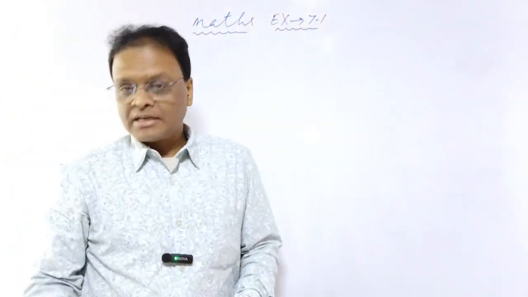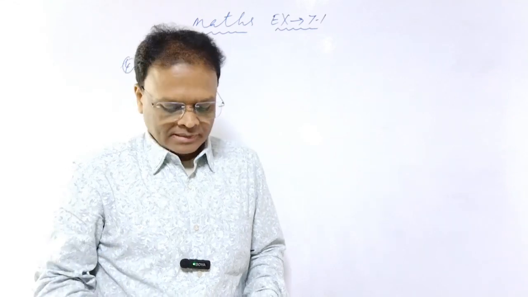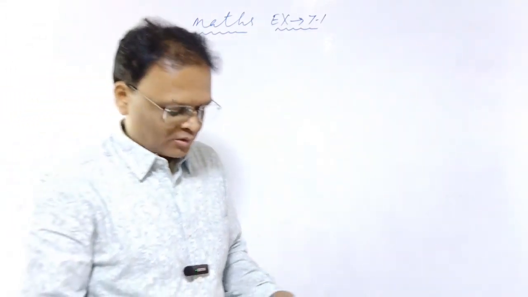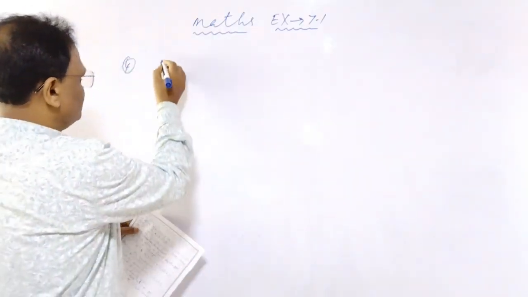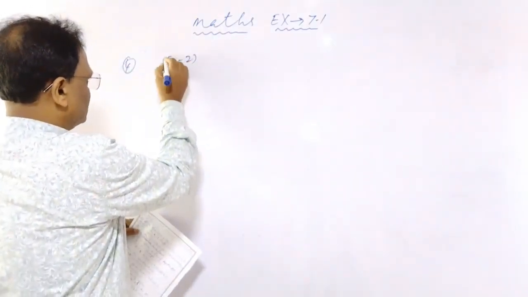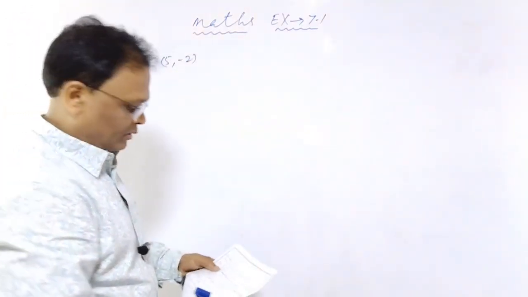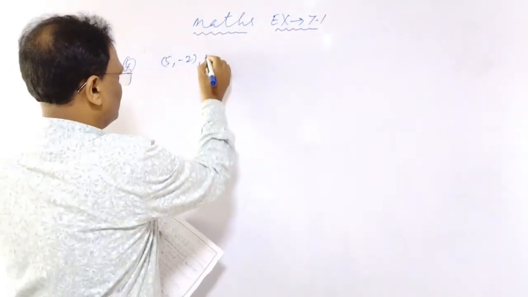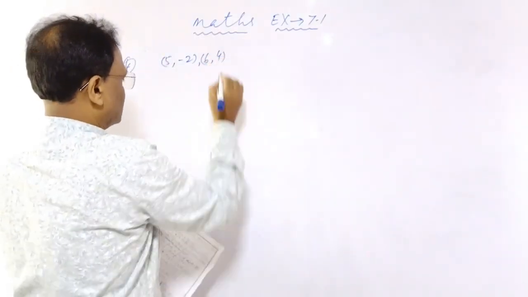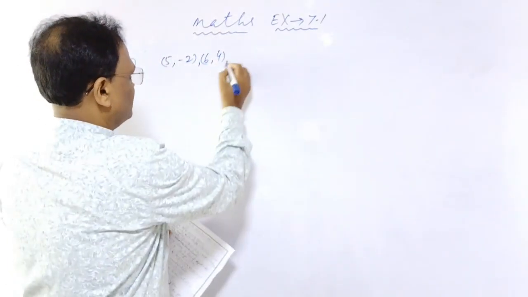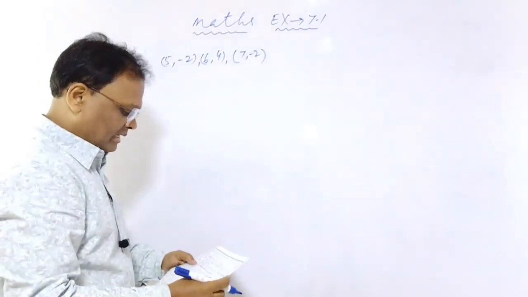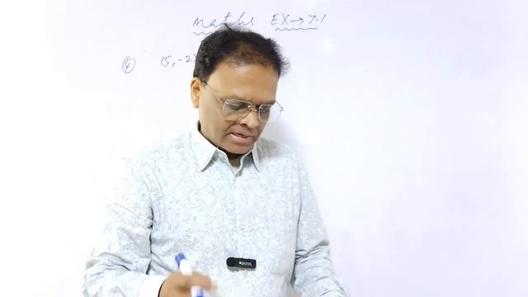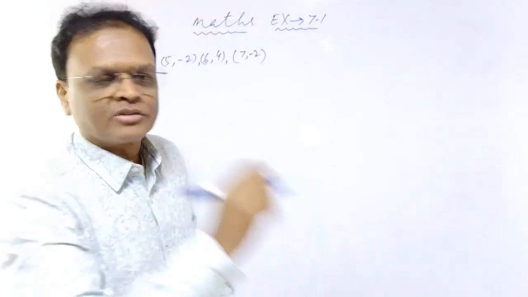The points he has given: the first point is 5 comma minus 2, the second point is 6 comma 4, and the third point is 7 comma minus 2. He is asking to check whether these are the vertices of an isosceles triangle or not.